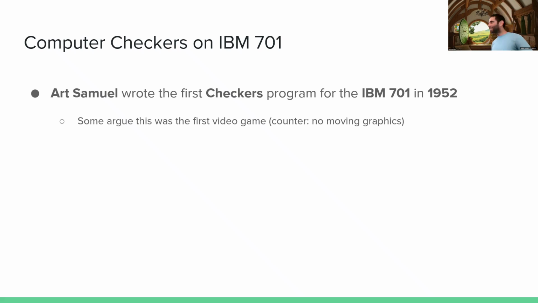So again, some people argue this is the first video game. It's actually playing checkers. If you translate what your moves mean into the computer's logic, it can actually play back to you, and then you can translate its moves back into actual checkers board moves. But a lot of people with the more modern definition say, nuh-uh, there were no moving graphics here. You have to actually move the pieces yourself, so this doesn't count either.